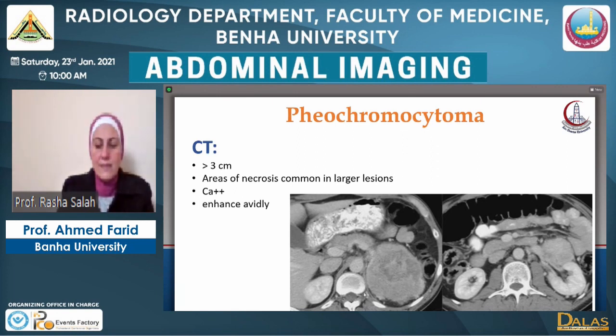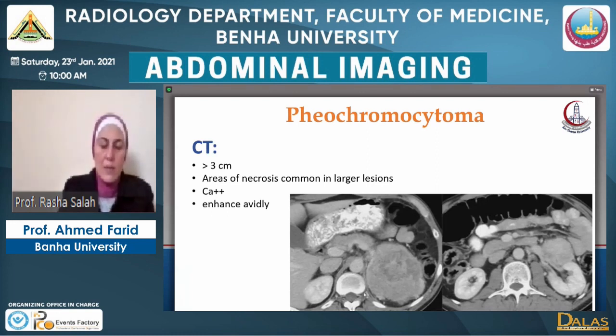This particular enhancement criterion is very similar to adrenal adenomas. So if we have a mass lesion of about 3 centimeters, it is sometimes difficult to differentiate between pheochromocytoma and lipid-poor adenomas because the enhancement kinetics of both lesions are similar.